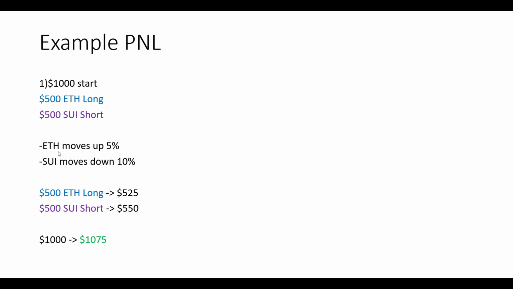So in this scenario, Ethereum moves up 5% and SWI moves down 10%. Our $500 ETH long turns into a $525 ETH long, and our $500 SWI short turns into $550. So our initial deposit of $1,000 now turns into $1,075, which represents a 7.5% gain.